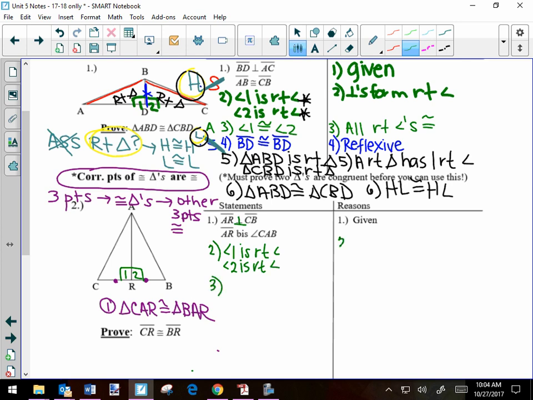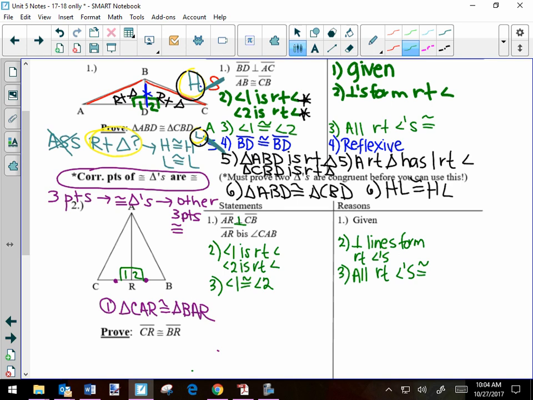My reason why I know I have right angles is perpendicular lines form right angles. And then once I know that I have right angles, I'm going to set them congruent to each other. All right angles are congruent.